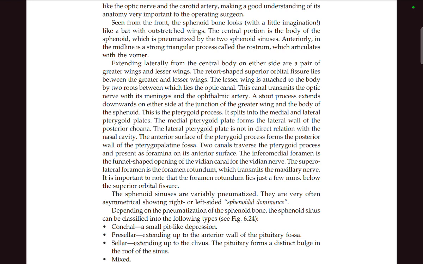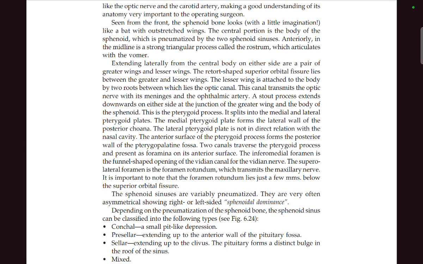The central portion is the body of the sphenoid, which is pneumatized by the two sphenoid sinuses. Anteriorly, in the midline, is a strong triangular process called the rostrum, which articulates with the vomer. Extending laterally from the central body on either side are a pair of greater wings and lesser wings.